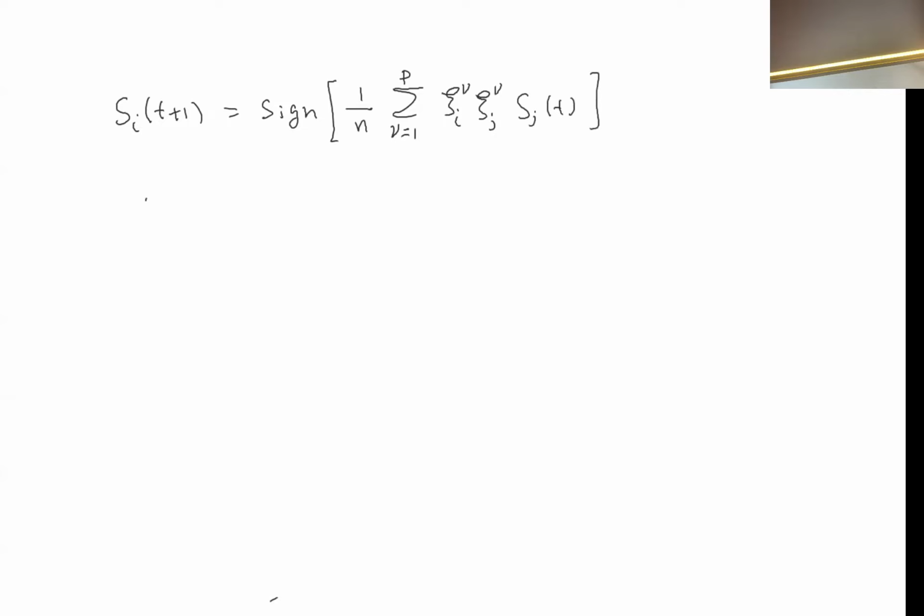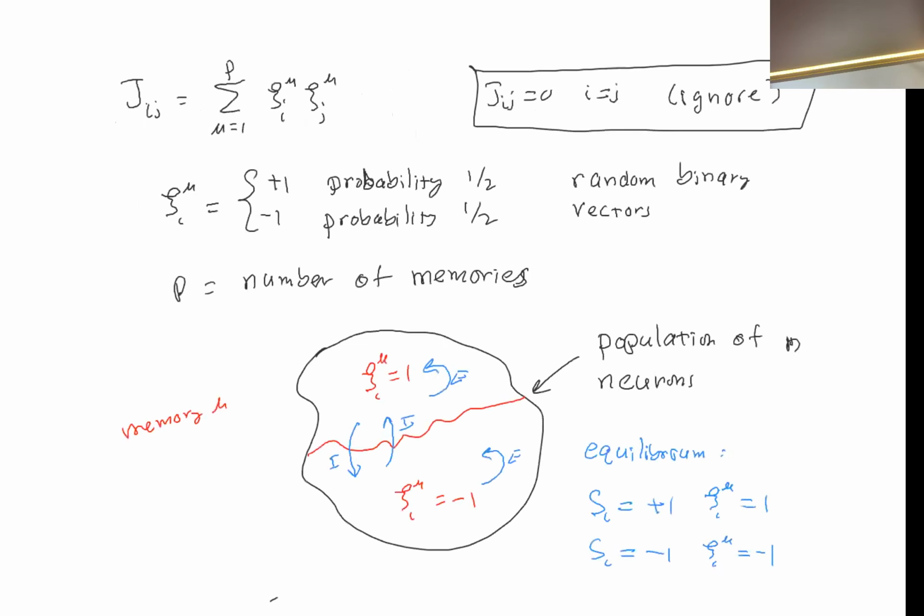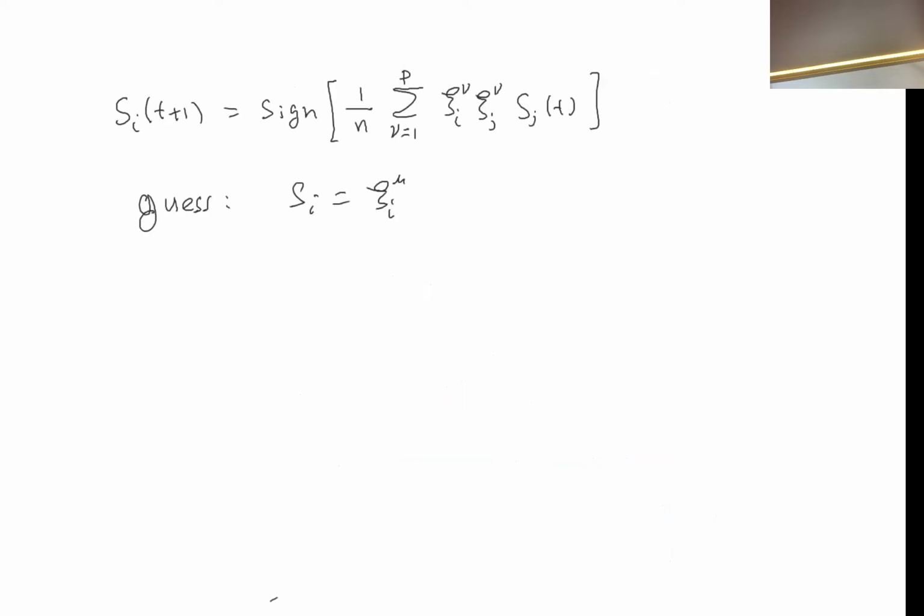So here's our guess: SI equals squiggle I mu. This here is basically saying SI equals squiggle I mu, right? Okay. And we're going to see if that guess is consistent with these equations.